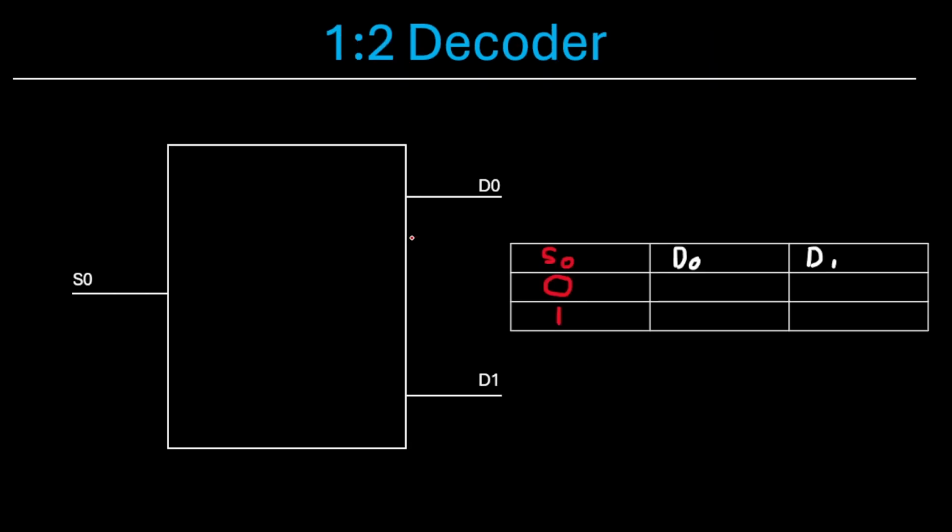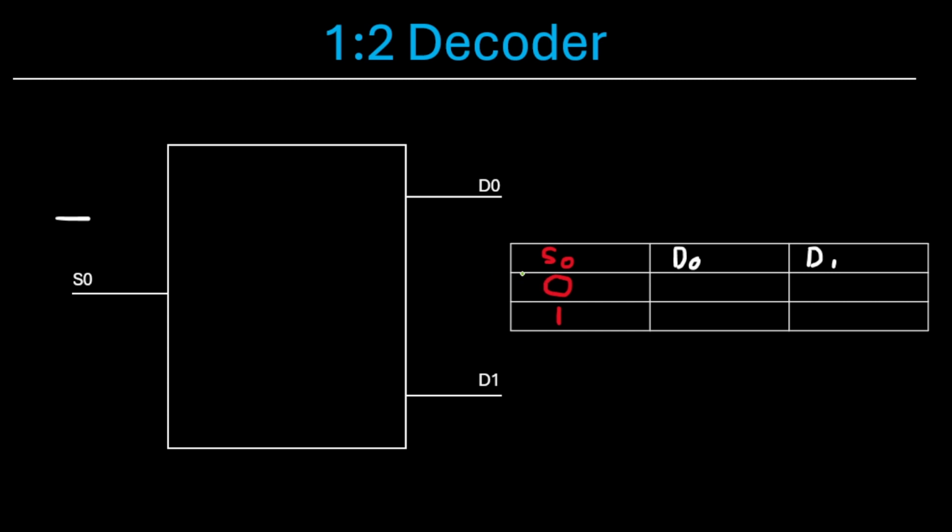All right, so let's look at some decoder examples here. So here's a 1 to 2 decoder. On the left-hand side, we have our binary input, and you'll notice we only have one input pin, meaning that there's only one bit in our binary input. Now on the right-hand side, you'll see two output pins labeled D0 and D1, where D0 represents decimal 0 and D1 represents decimal 1.